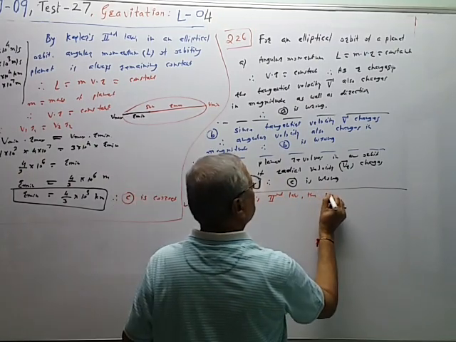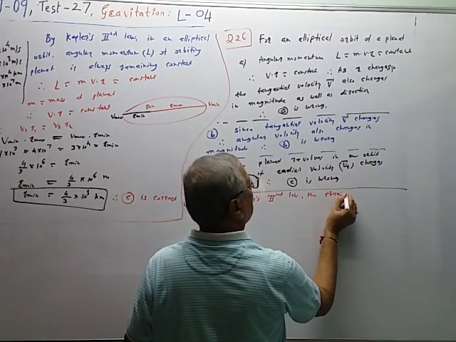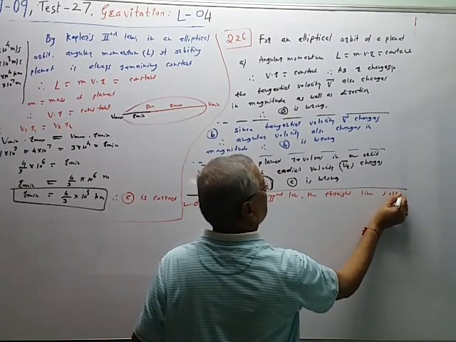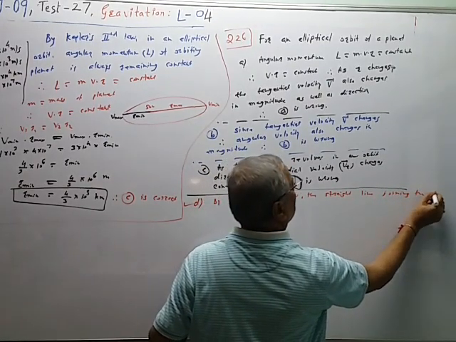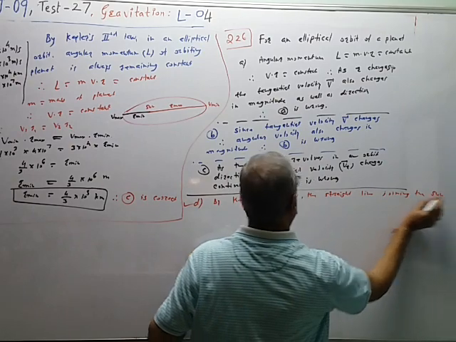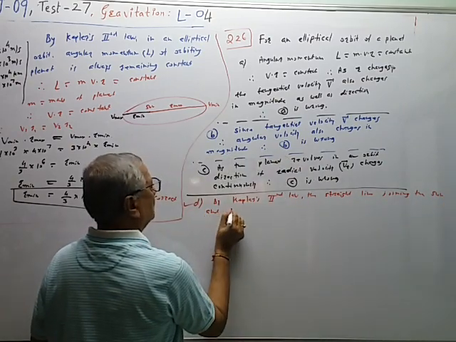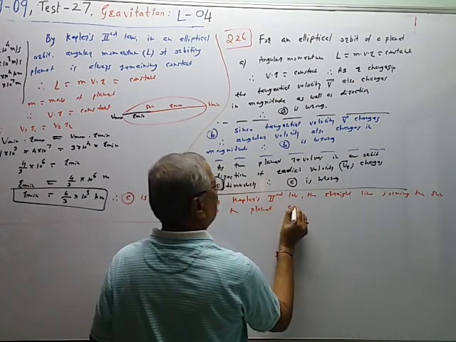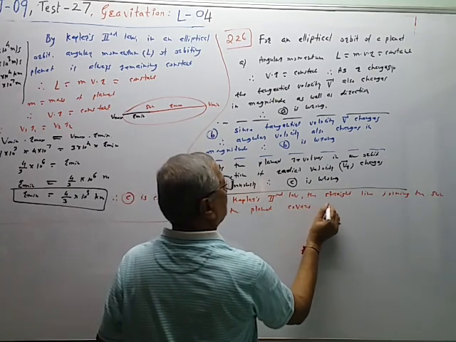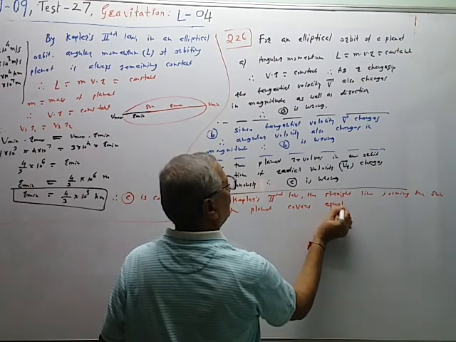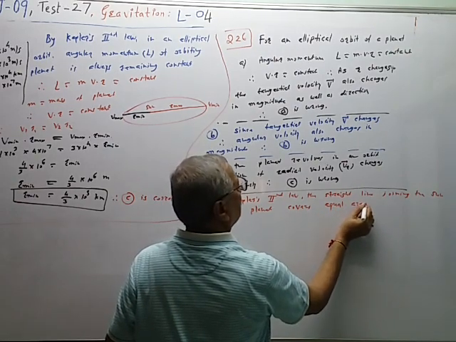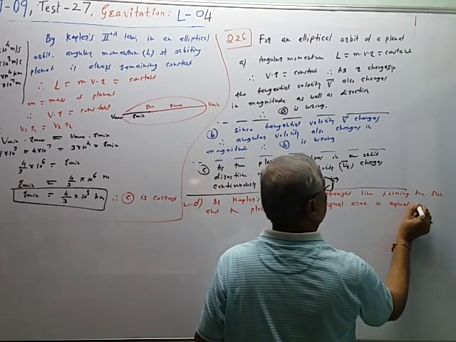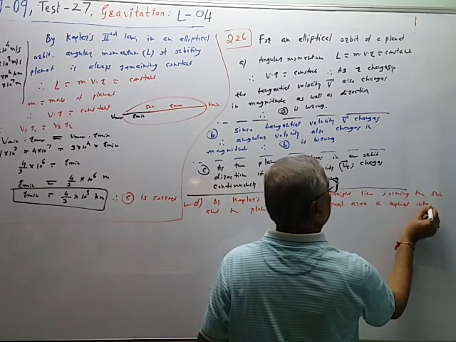D by Kepler's second law. The straight line joining the sun and the planet covers equal area in equal interval of time.